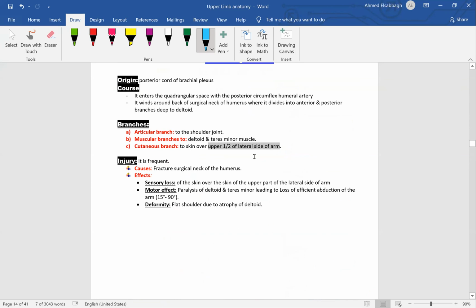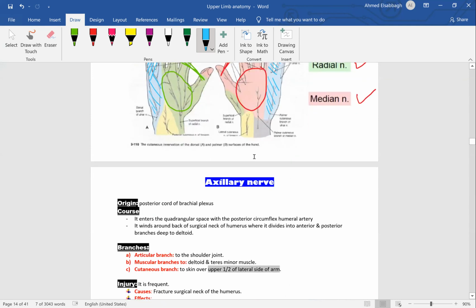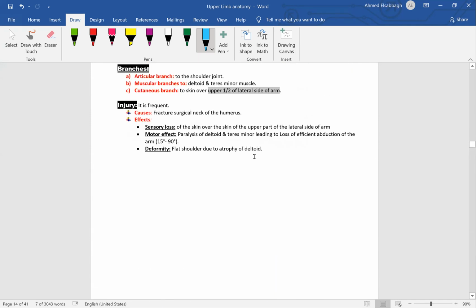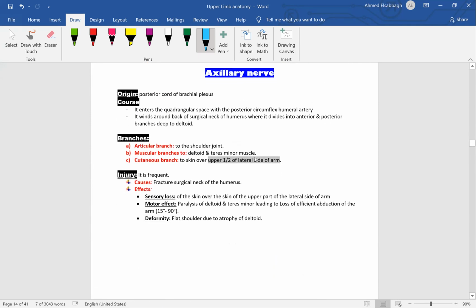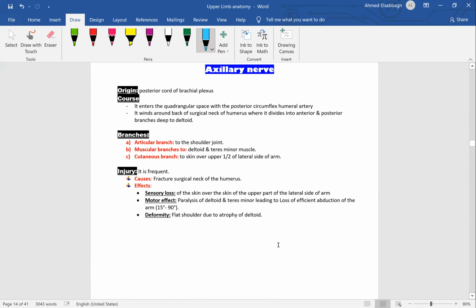What will be the deformity? The deltoid muscle makes the contour of the shoulder. So in case of paralysis of the axillary nerve, there will be atrophy of the deltoid and a deformity called flat shoulder. Okay?